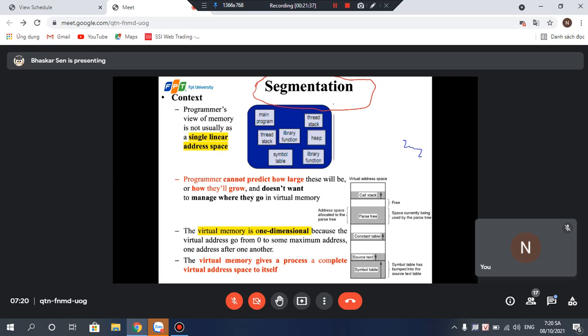So that is how you visualize or conceptualize your program, you and me as a programmer. So basically for us, it is at least two-dimensional, if not three-dimensional. Everything is separate.